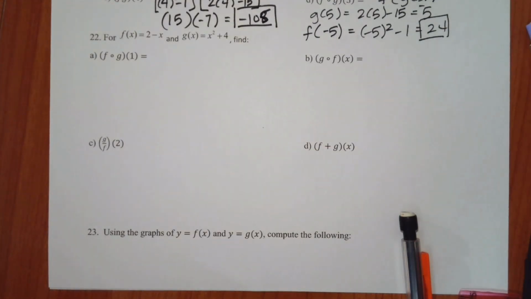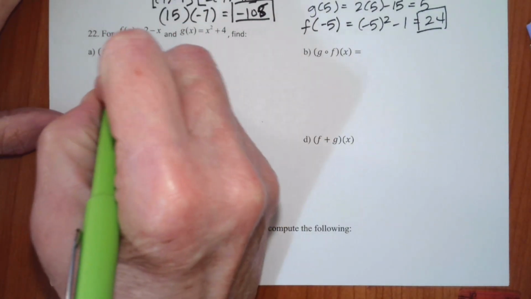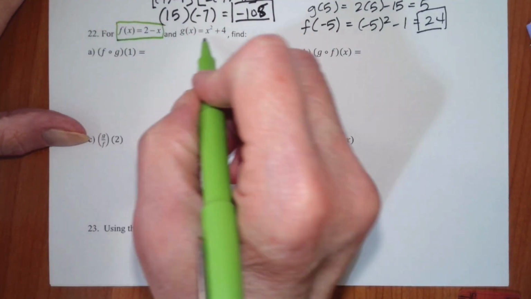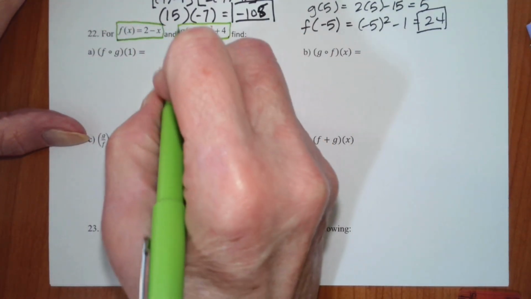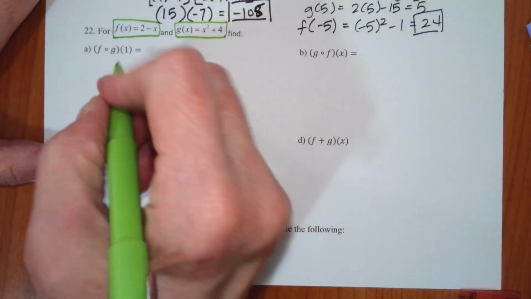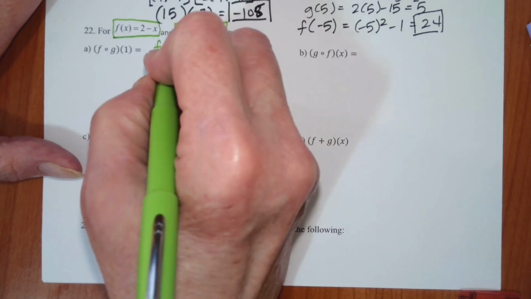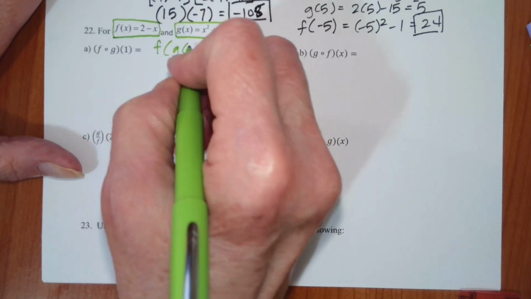Right, so for problem 22, we've been given a new set of functions. We've been given f of x equals 2 minus x, and g of x is x squared plus 4. So we're going to do exactly the same thing. We're going to find f dot g of x, which means we want to find f of g of 1.